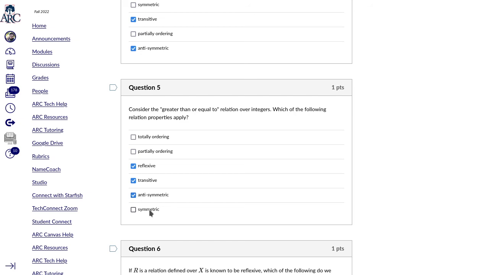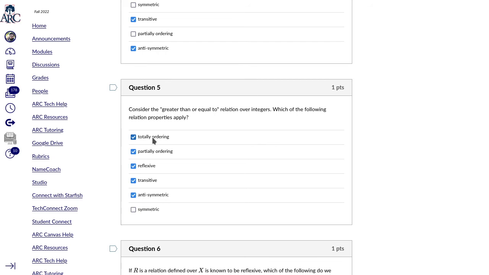But it is partially ordered because partial ordering does not rely on symmetry. And it is also totally ordered because if you choose any two values, they are related one way or another. In other words, pick two values and I can say one is greater than or equal to the other one. That's why it is also totally ordered.